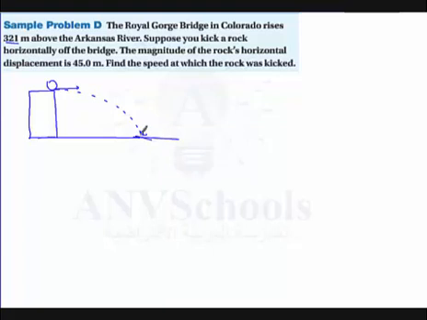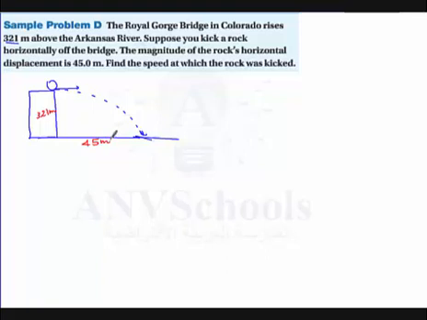The height of the bridge above the river is 321 meters. Suppose you kick a rock horizontally off the bridge. The magnitude of the rock's horizontal displacement is 45 meters from the base of the bridge.